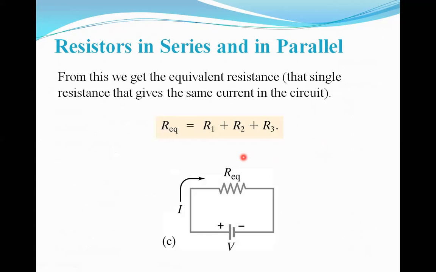So what will be the equivalent resistance? If the resistors are connected in series, then R equivalent should be equal to R1 plus R2 plus R3.